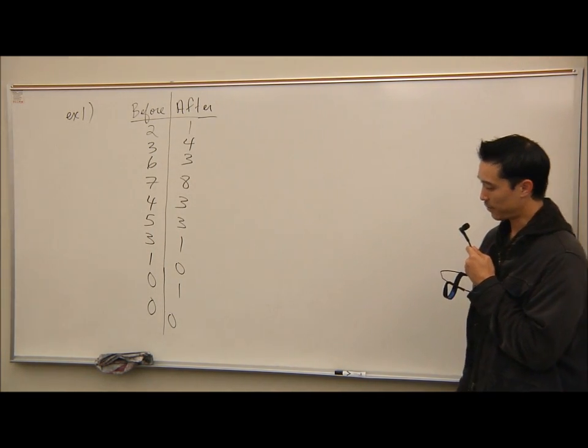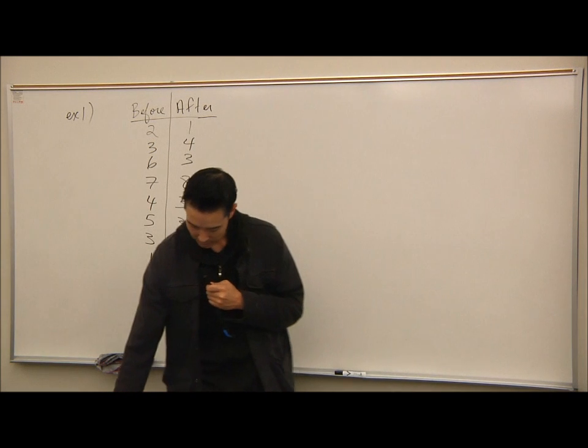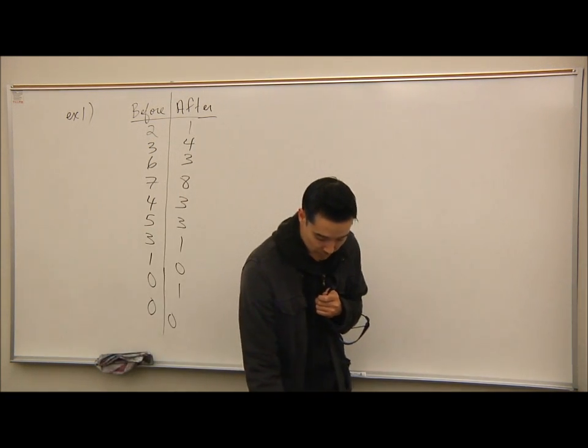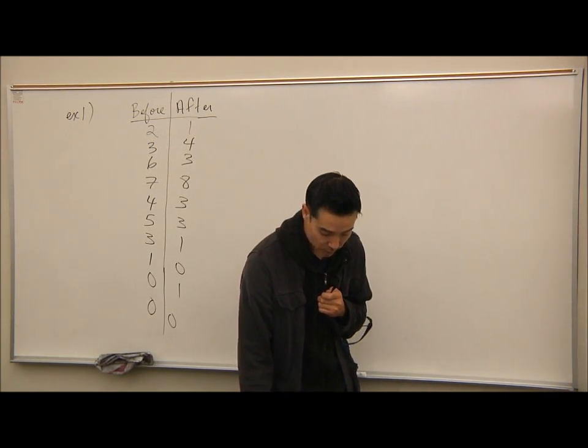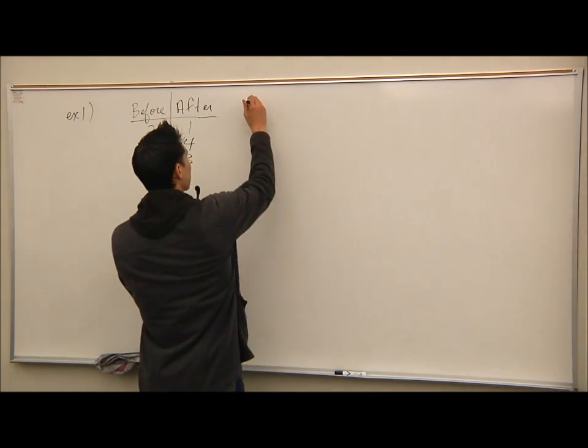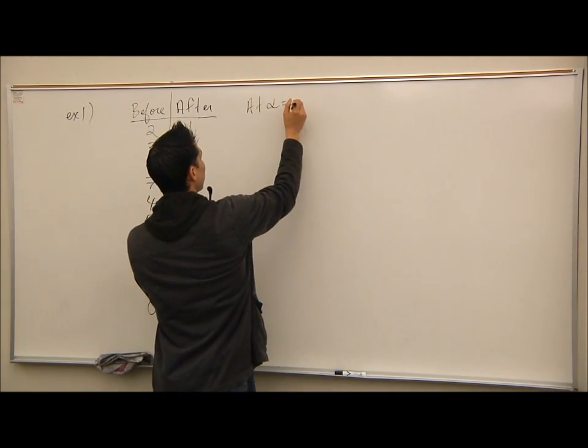So the question was, at alpha equals 0.05, did the food handlers miss fewer days after the program?